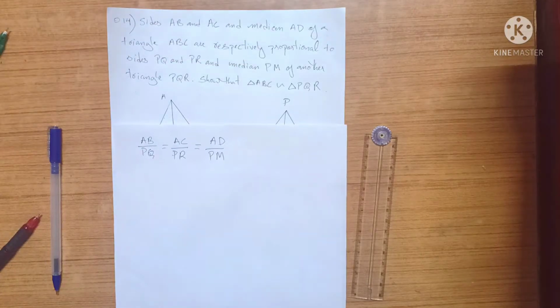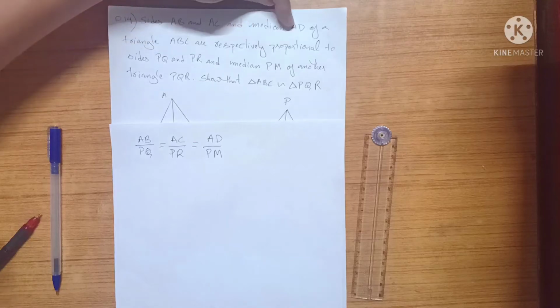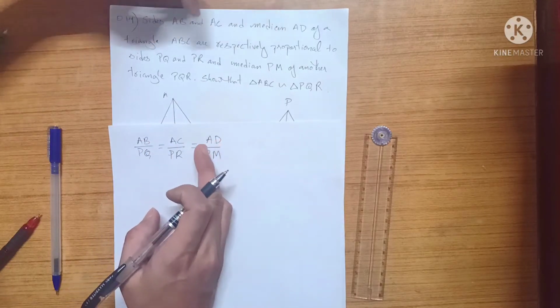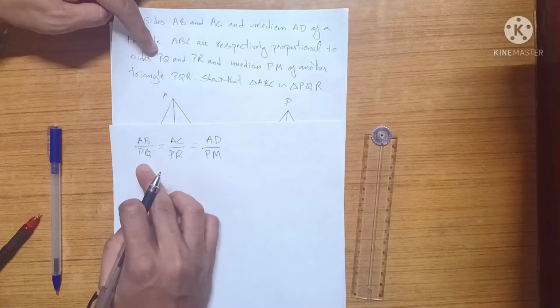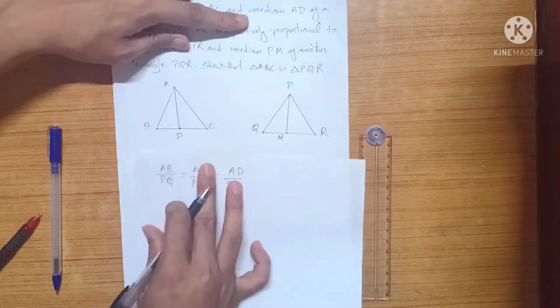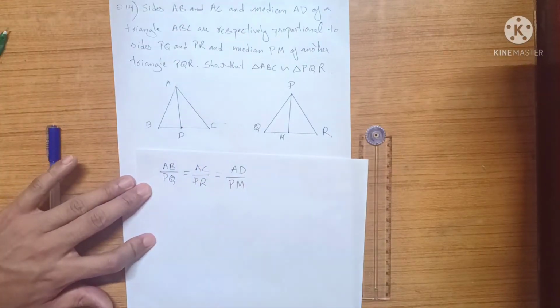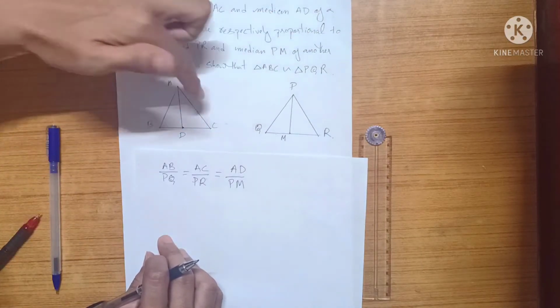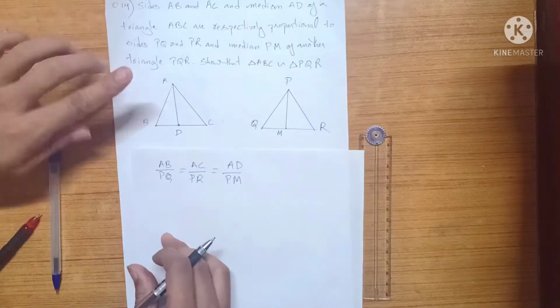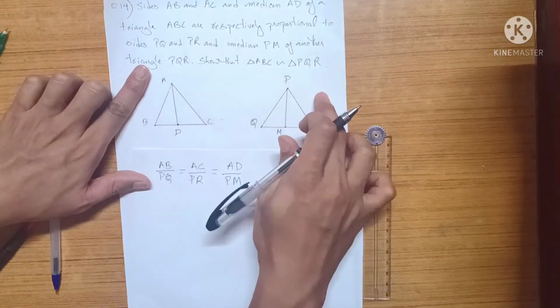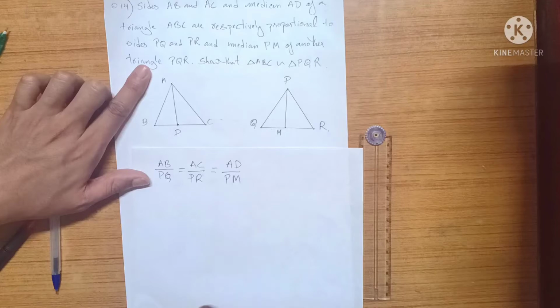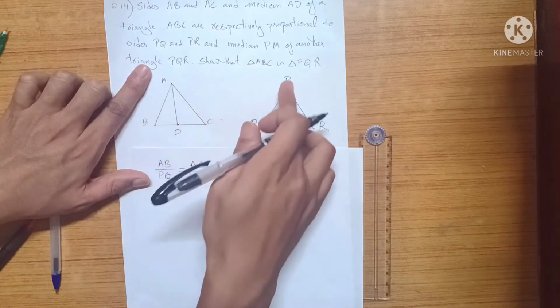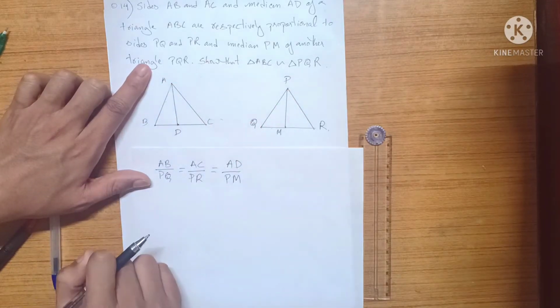That's what they've given us. Sides AB, AC, AD are respectively proportional to PQ, PR, PM. So if you look here, AB by PQ equals AC by PR. Okay, up to here is fine. This by this equals this by this. Now the extra thing they've given us is that AD by PM is also proportional.